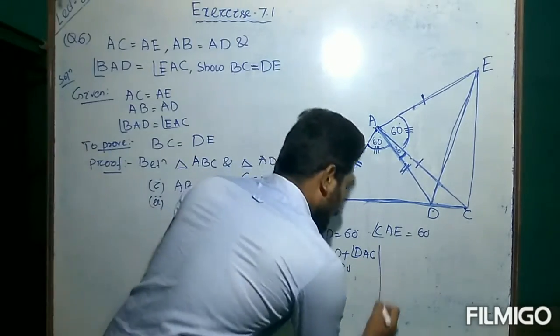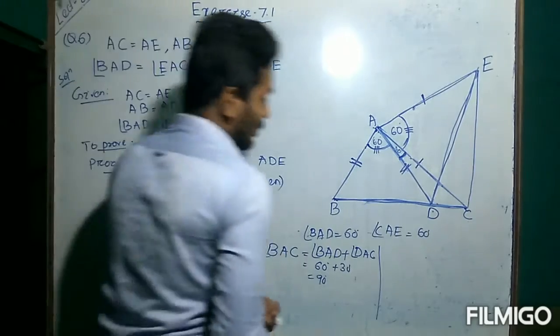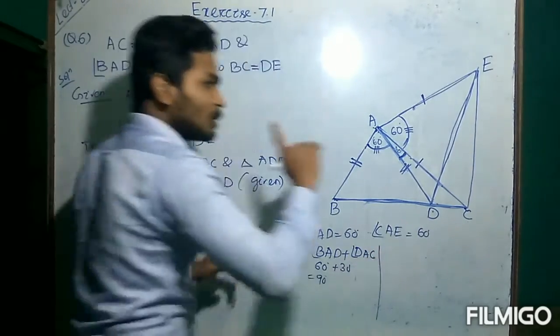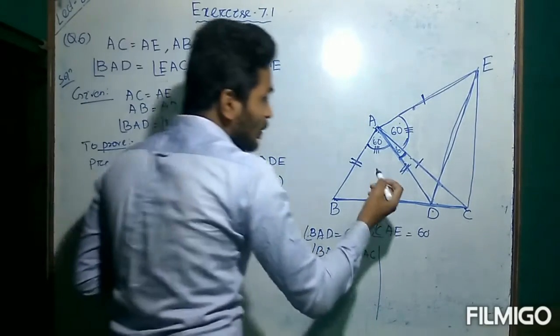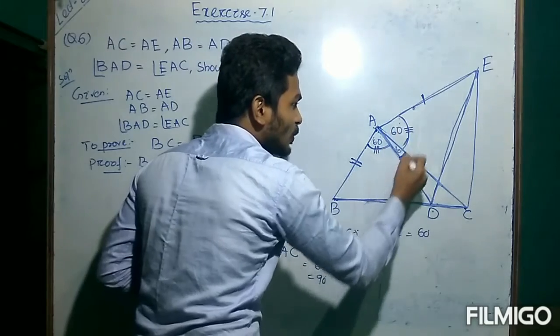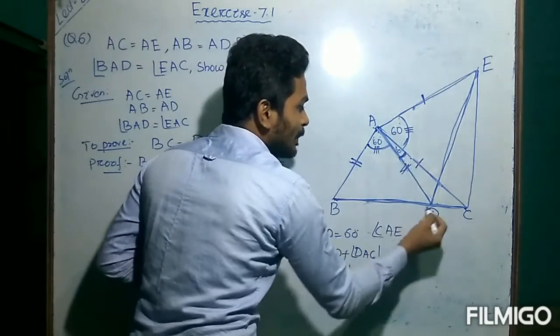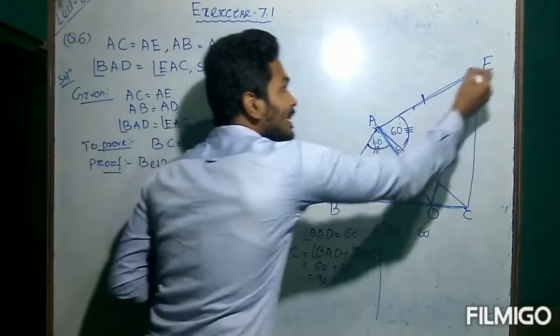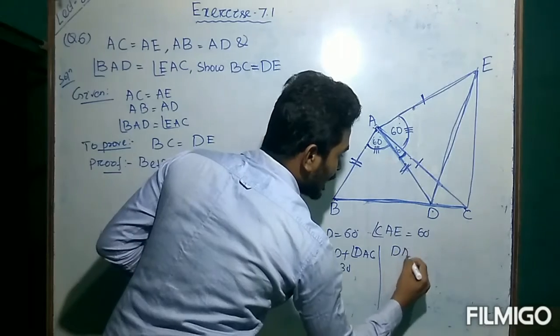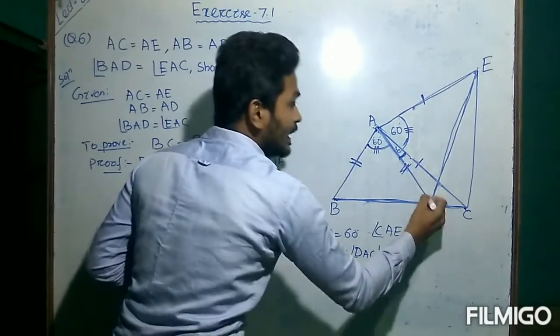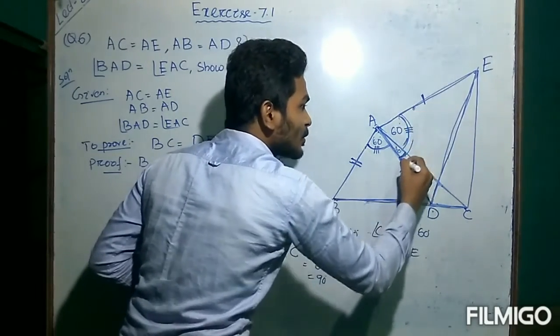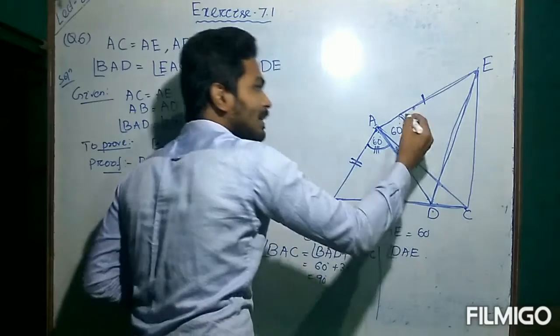Clear? Carefully look at this. Now, since we get CAE is equal to 60 degrees, we have to find this total angle, DAE. How can you find this?